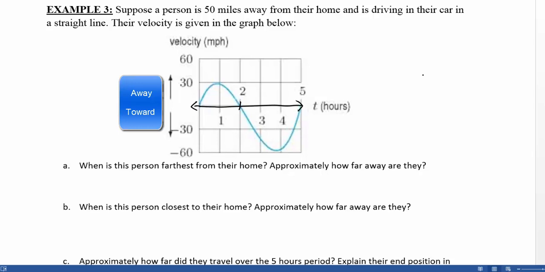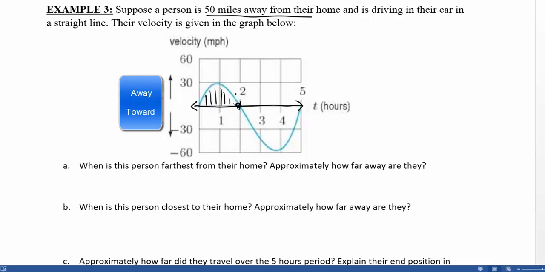And then from time 2 to time 5, the area under the curve is negative, which means I've turned around and now the area is negative, so the distance away from home is decreasing. So here I started 50 miles away from my home, and then my distance kept increasing further and further away from my home until time equals 2.